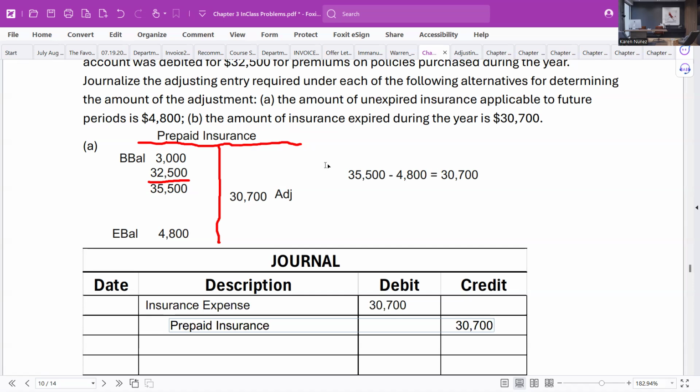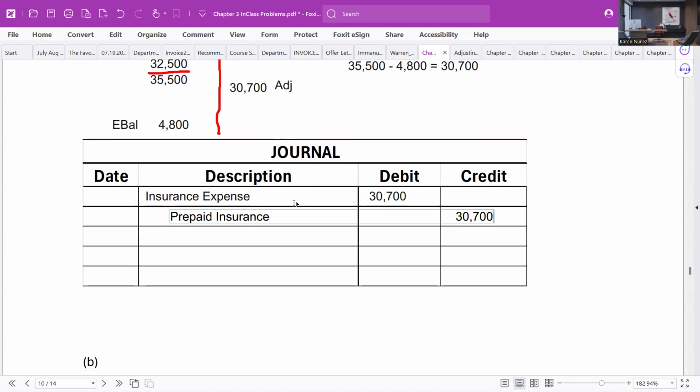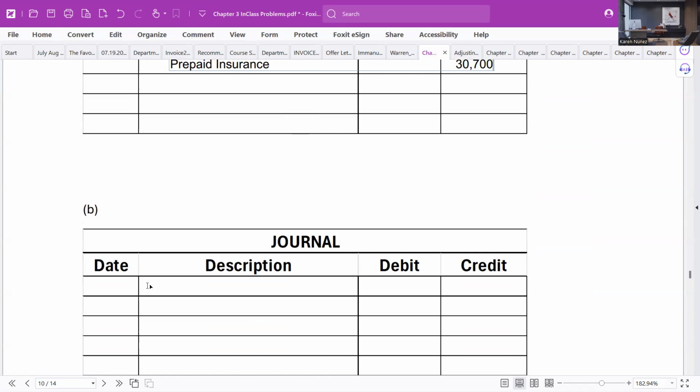And that's different from what they tell us in Part B. In Part B, they make it easy. They just say the expired insurance is 30,700. Well, if the amount of expired insurance is 30,700, then we just debit insurance expense for 30,700, and we credit prepaid insurance for 30,700.